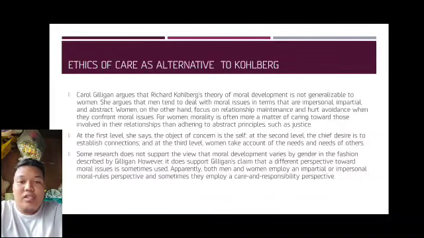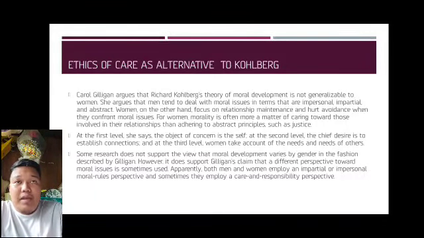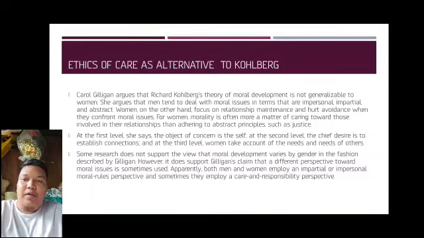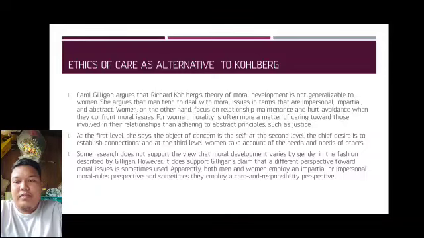However, it does support Gilligan's claim that a different perspective toward moral issues is sometimes used. Apparently, both men and women employ an impartial or impersonal moral rules perspective, and sometimes they employ a care and responsibility perspective.